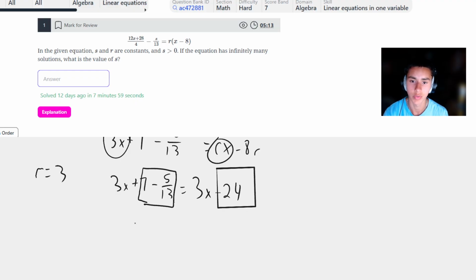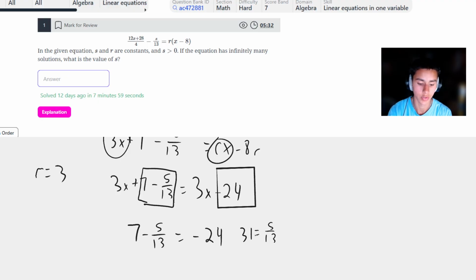So if we set those equal to each other, it would be 7 minus s over 13 equals negative 24. Now let's add this to the other side, and let's add 24. So we would have 31 equals s over 13. And now to isolate the s, we would multiply by 13 on both sides. So it would be 31 times 13, which is s equals 403.